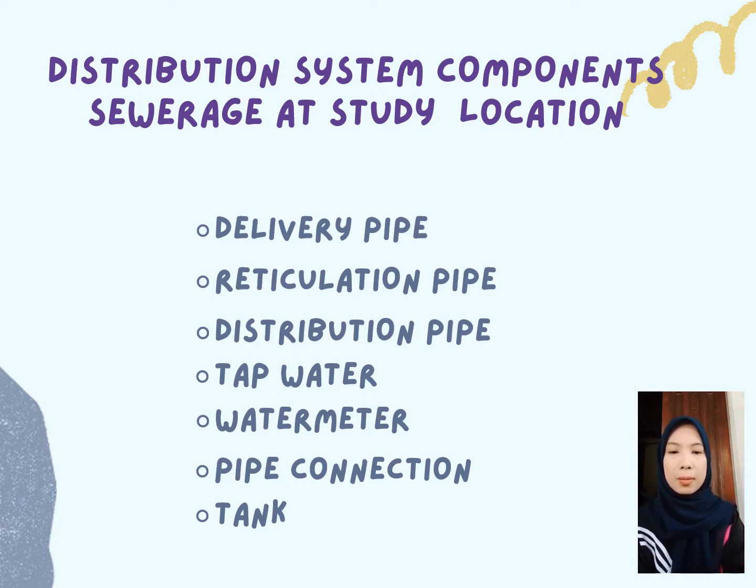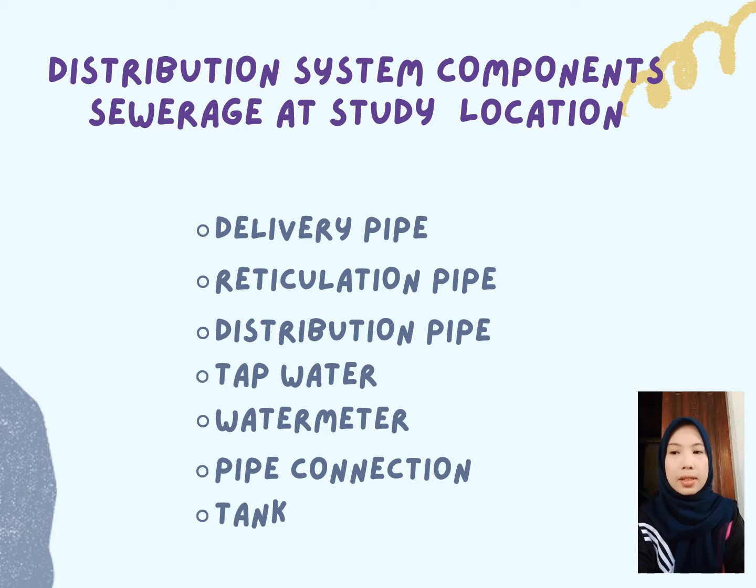Today, I will present the title Distribution Component of Sewerage System at Study Location. First, delivery pipe. The delivery pipe carries treated water from treatment plants to a tank or from one tank to another tank. Second, reticulation pipe.